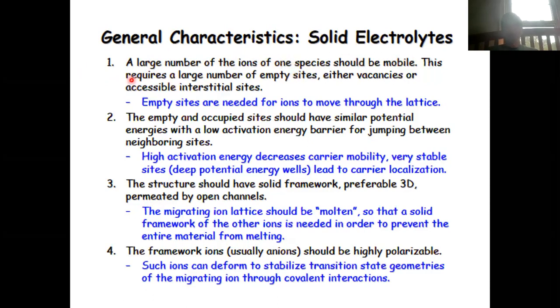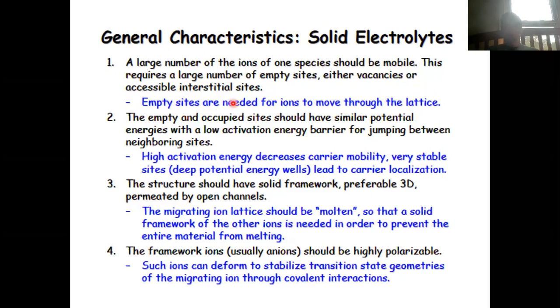This requires a large number of empty sites, either vacancies or accessible interstitial sites. Any crystal structure that fulfills that condition will likely favor ion conductivity, because the empty sites are needed for ions to move through the lattice. Of course, these empty sites can be further enhanced by introducing defects into the crystal structure.